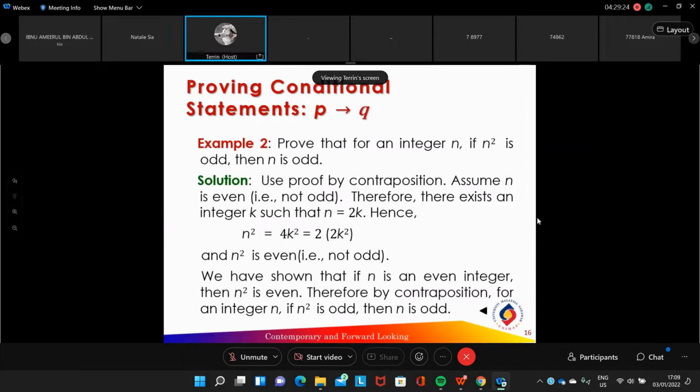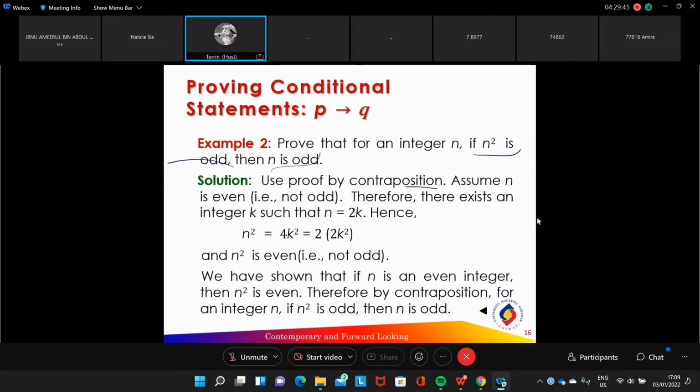Now, prove that for integer n, if n square is odd, then n is odd. So here, in this question, it didn't even state whether it's direct or indirect proof, but you can already see that p refers to n square is odd. Now we're going to assume that as odd. How are we going to prove n is odd? So we have to use an indirect proof.